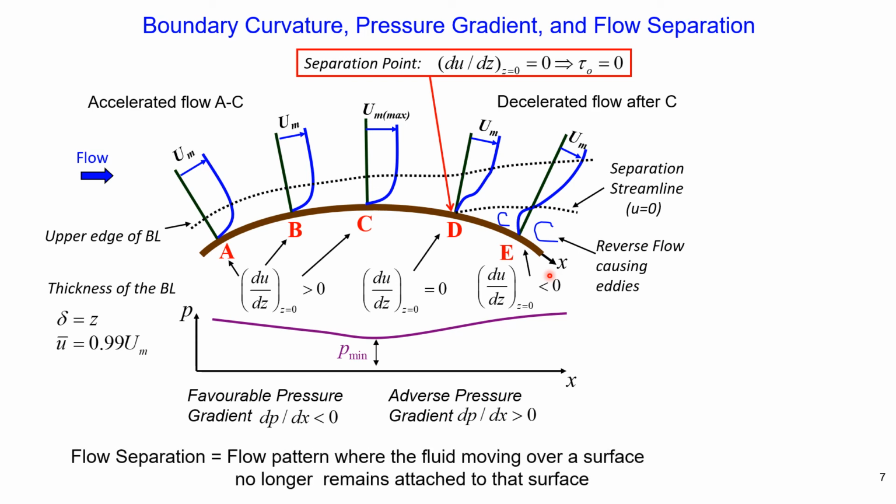And flow separation is the flow pattern when the fluid moving over the solid surface no longer remains attached to this surface. And because of this we have reverse flow causing the eddies.